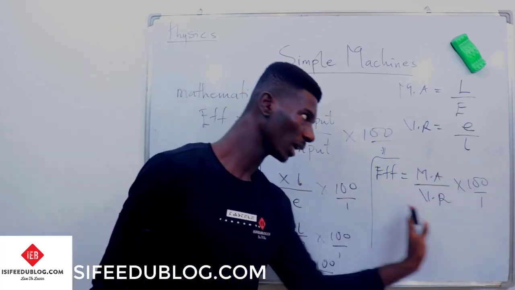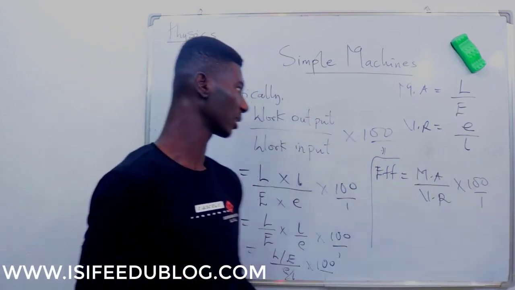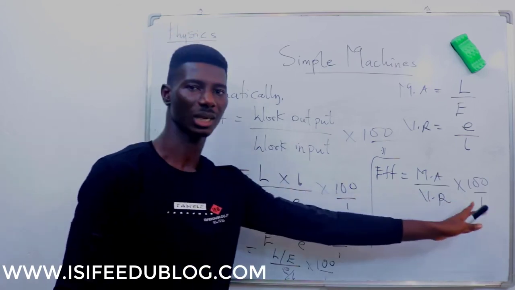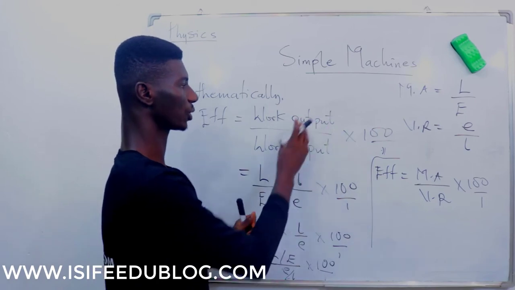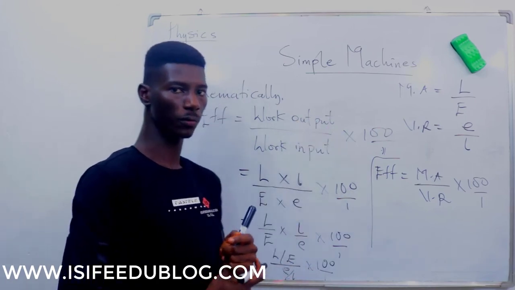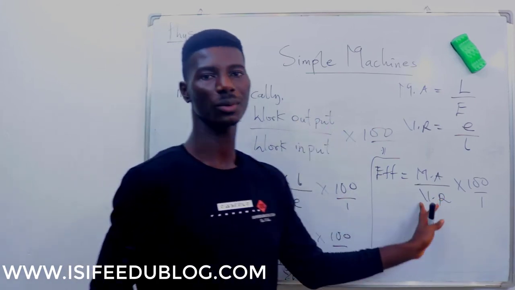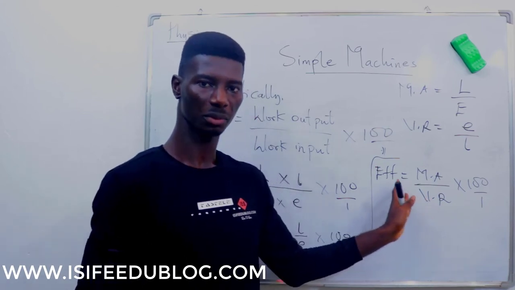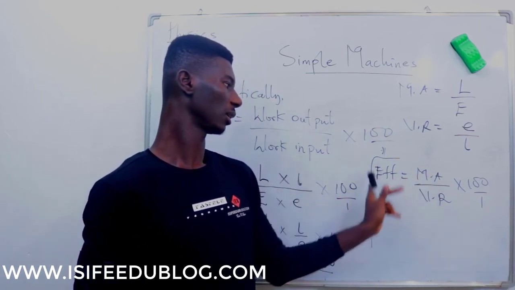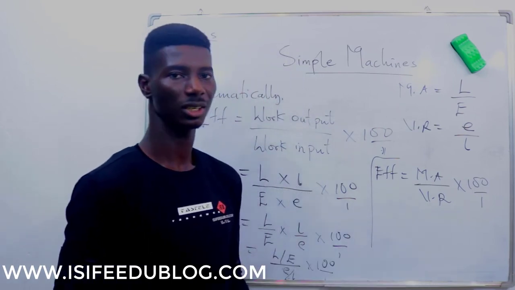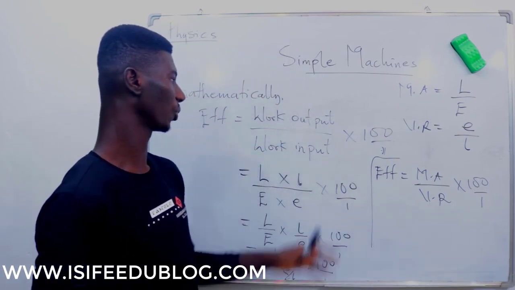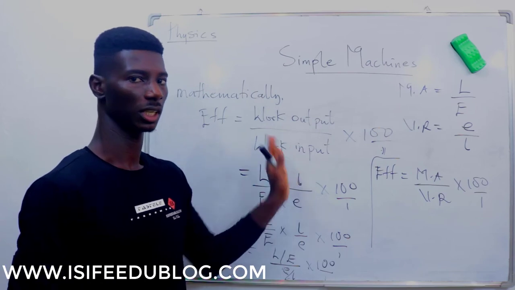This is more popular amongst students, but as you can see, it is coming from here. Most times, JAMB will ask you a question on this, and students fail woefully. So be very careful. Efficiency is not only mechanical advantage divided by velocity ratio times 100%. No, this is also efficiency.